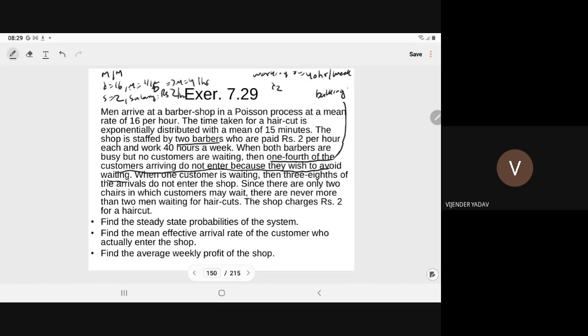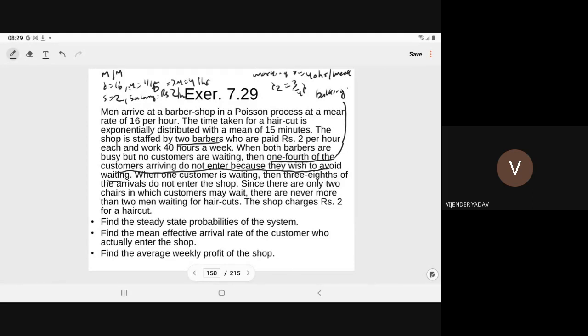So here lambda 2 is 3 by 4 of lambda. When there are two customers, both barbers are in service, and at that time one fourth of the customers will not join the system. So the actual joining rate will be 3 by 4 lambda. That is important in this question.